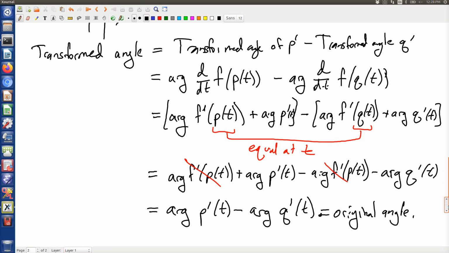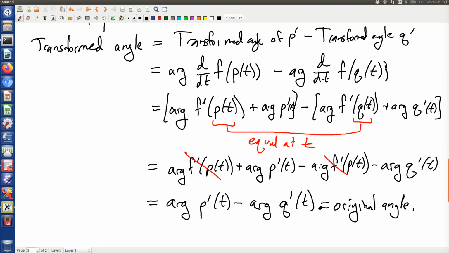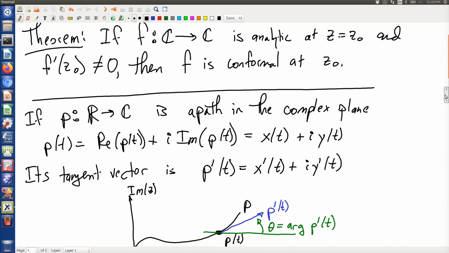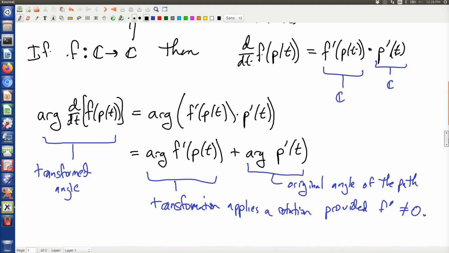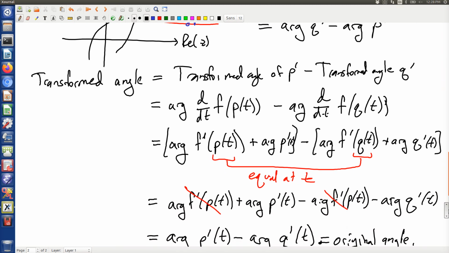Okay, and in fact, that calculation is the end of the proof. If I have a complex analytic function, it has an f prime, and that f prime is not 0. When its f prime is not 0, then this exists at all.